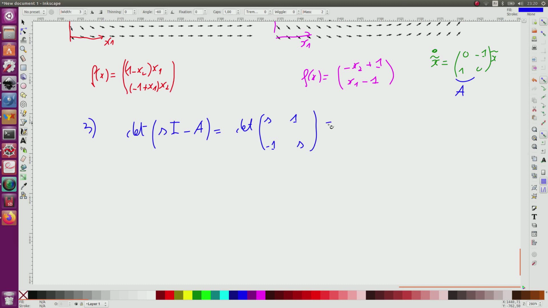If I compute this determinant, it's this. So there are two eigenvalues, lambda 1 equals i, lambda 2 equals minus i.